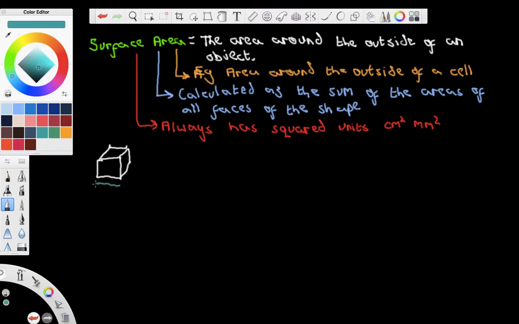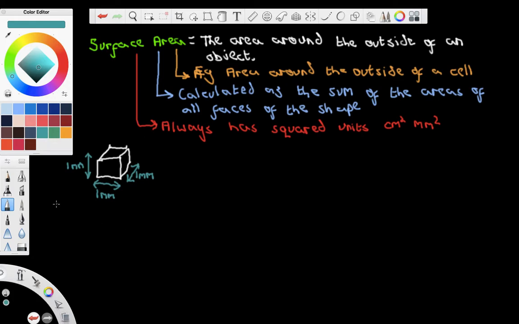Along its base and its top, it is 1 millimetre wide. Its height is also 1 millimetre because it is a cube, and its depth is also 1 millimetre. So it's 1 millimetre by 1 millimetre by 1 millimetre.